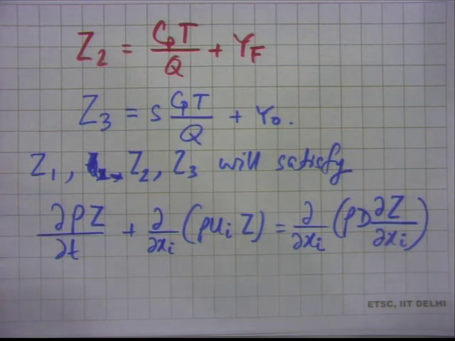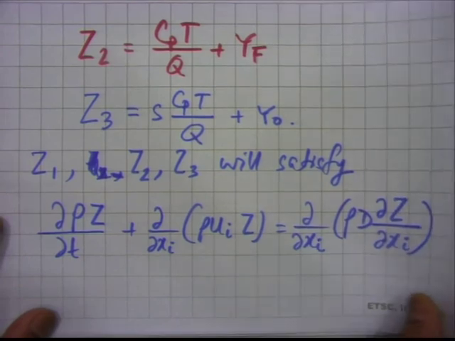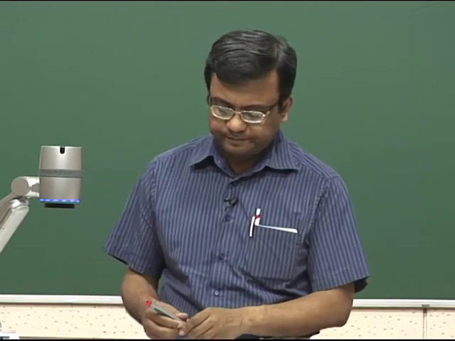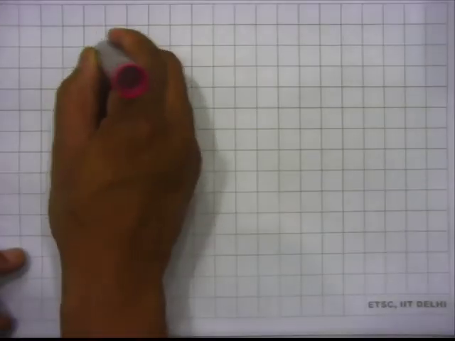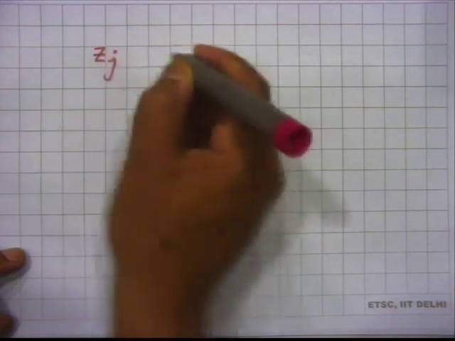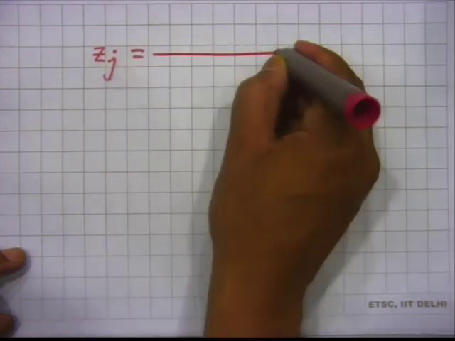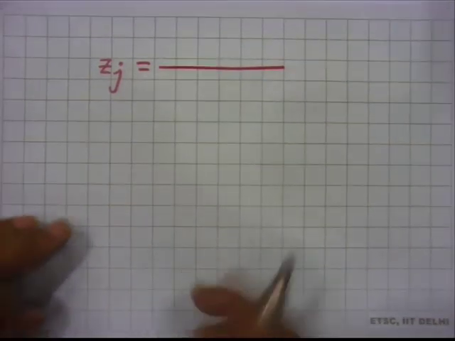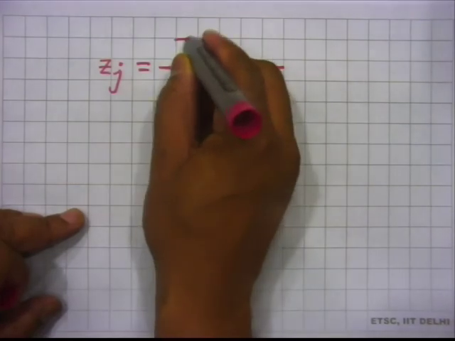Very quickly, and I will repeat part of this in the next class also, we can in fact construct something else. We can construct a small z. So now this is no longer a capital Z. This is a small z, which is defined as follows.